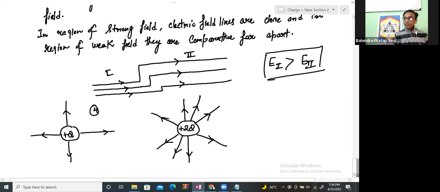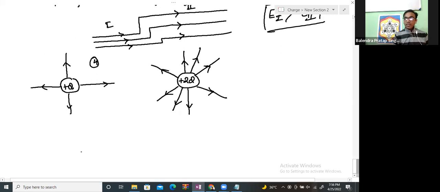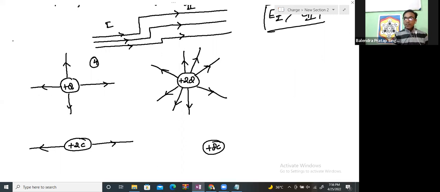Okay, suppose another example. Suppose I consider a charge plus 2 coulomb, and in this case it has only 2 electric field lines. If I increase this charge to plus 8 coulomb, then how many electric field lines are there in this case? Saifullah, can you tell me how many electric field lines are due to this plus 8c charge, if plus 2c has 2 electric field lines?